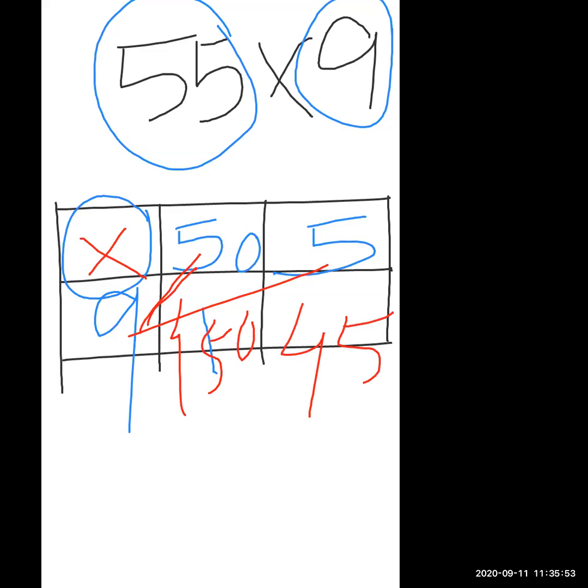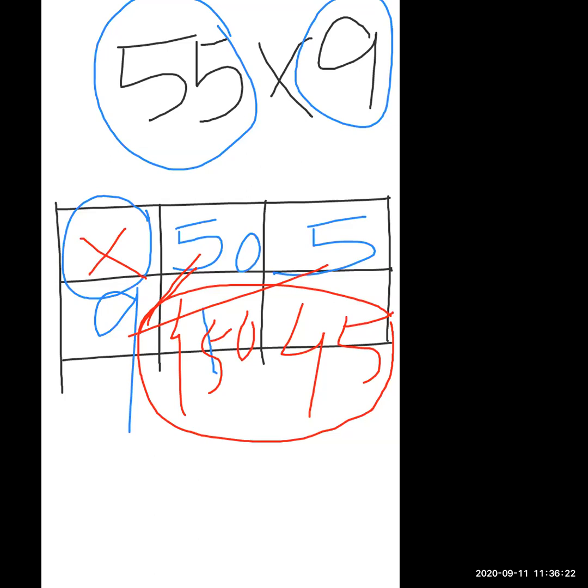How will you add? You add 450 plus 45, the numbers downside of the 50 and downside of the 5, together. 450 plus 45. Your answer is 495.